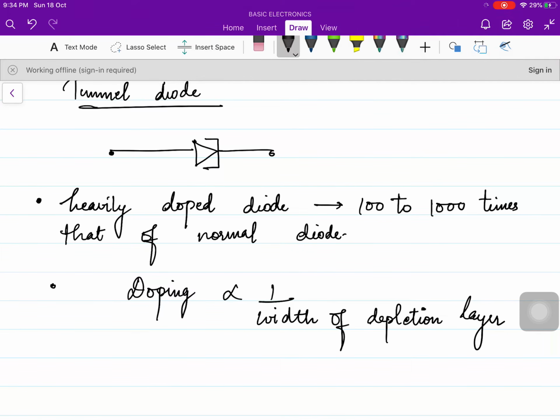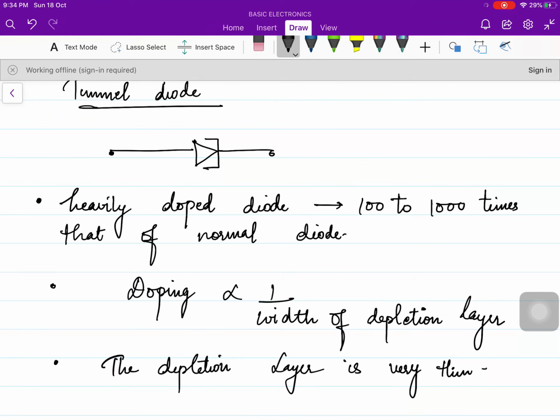So when we say that the tunnel diode is approximately 100 to 1000 times more heavily doped as compared to a normal diode, that means the width of the depletion layer in the tunnel diode is very, very thin. And what does it result in?